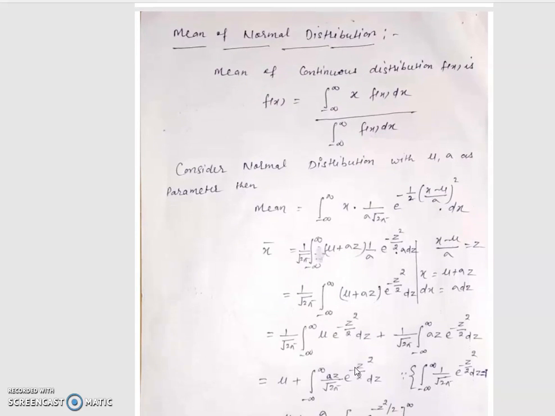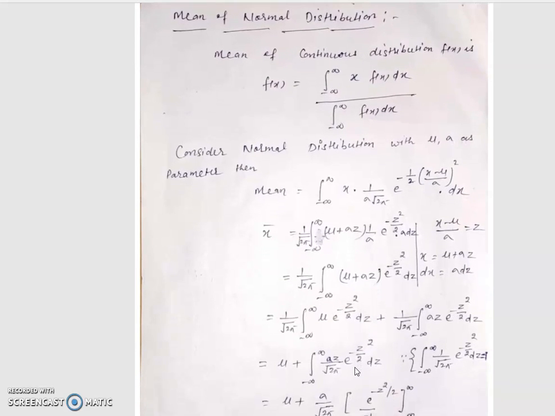Now, the mean of the normal distribution. How can we find the mean of the normal distribution? The mean of the normal distribution is mu, and we can find this mu with the help of this formula. The mean of a continuous distribution f(x) is the integral from minus infinity to plus infinity of x times f(x) dx upon the integral from minus infinity to plus infinity of f(x) dx.